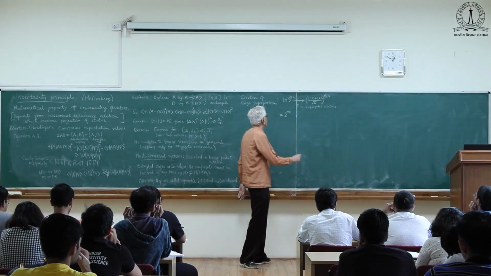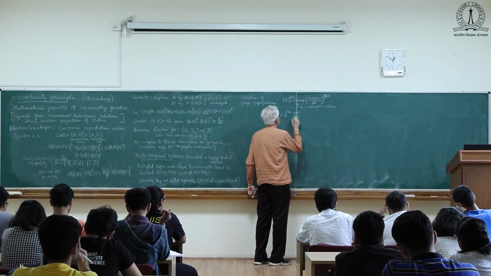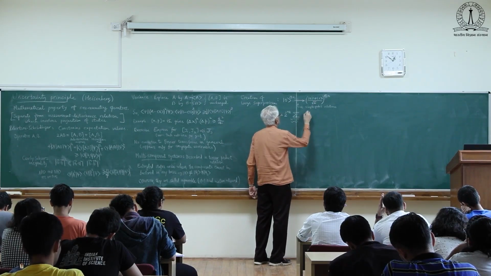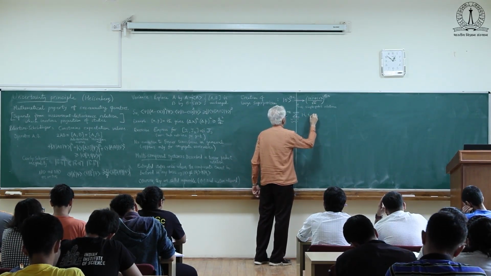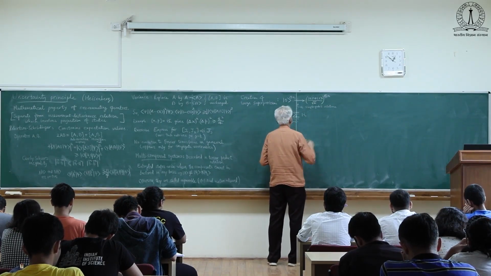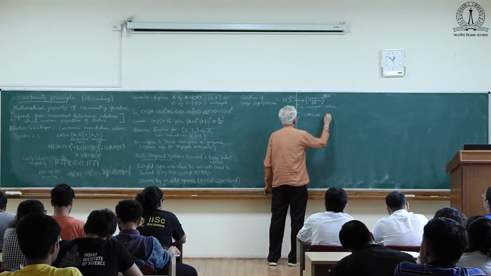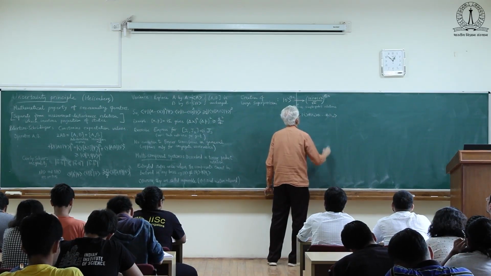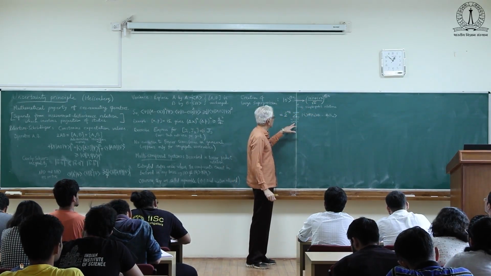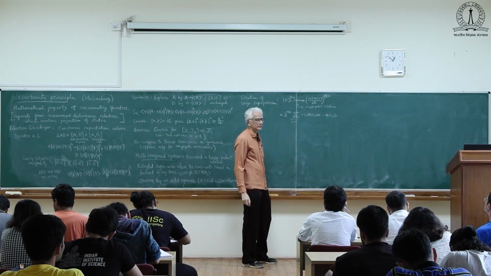To take a product, let me write the tensor product more explicitly in explicit form. Each one had two terms, I1 is 0 or 1, I2 is 0 or 1, whatever it is.